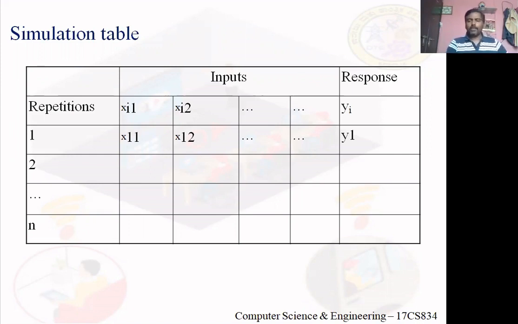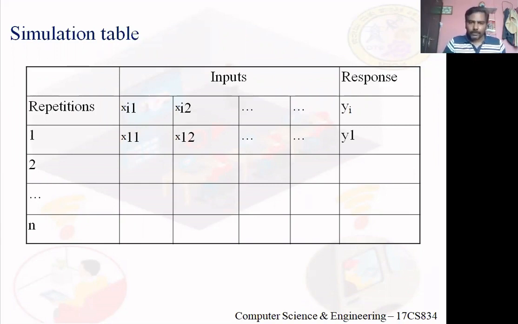Similarly, for inter-arrival time, for the first customer the inter-arrival time is 0, because we will assume that the first customer arrives as soon as the system starts. Then I'll give you random numbers for the subsequent arrivals.